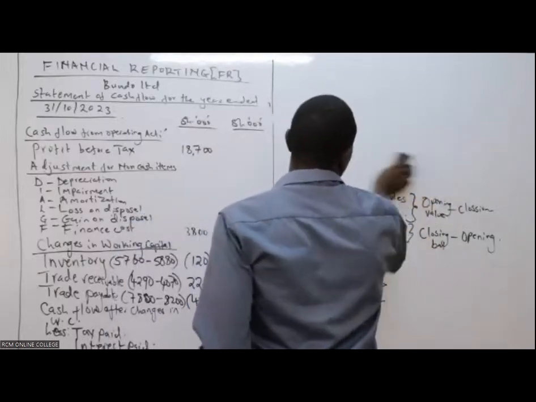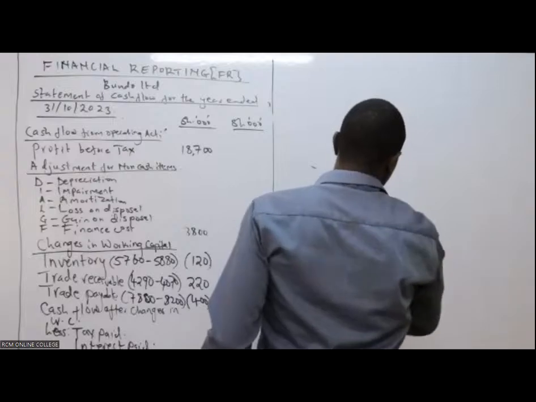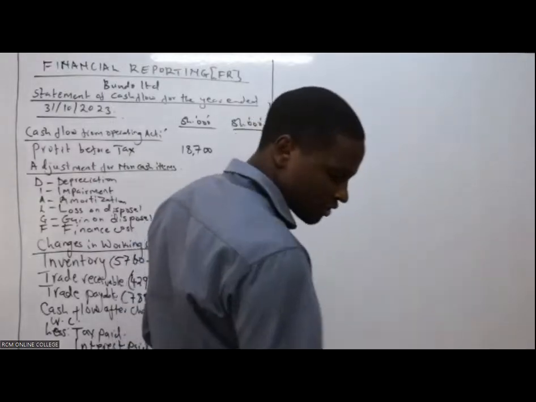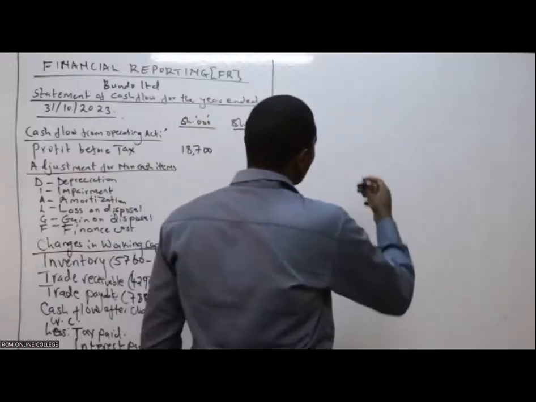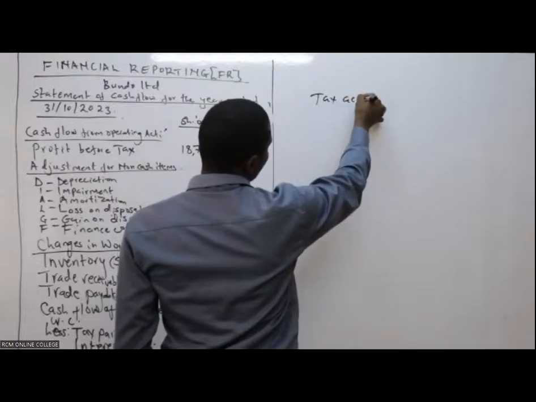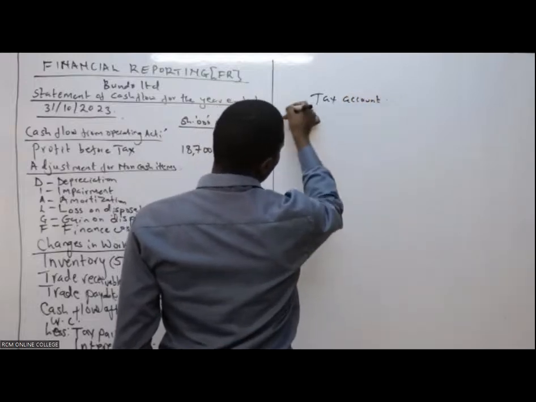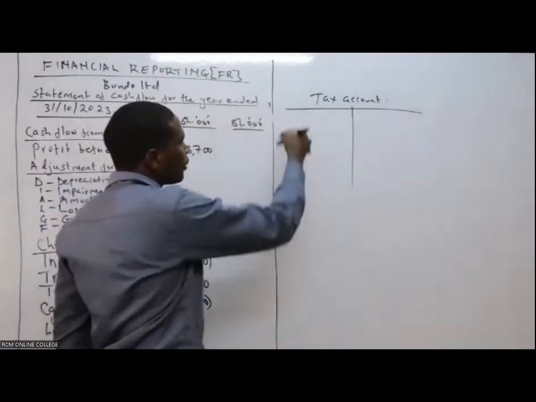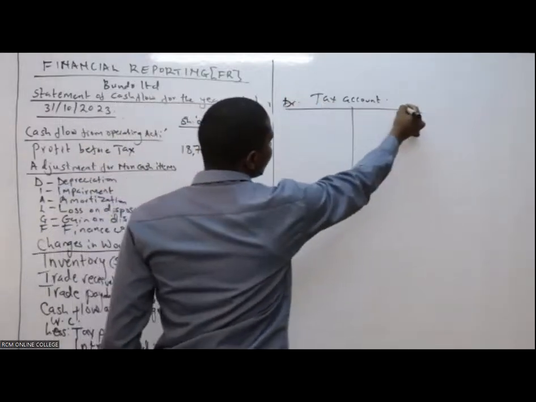To proceed and get what? I want you to be very keen here. Nimeona ziko. Tax. At your account, this debit side, this credit side.